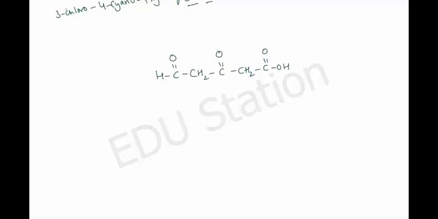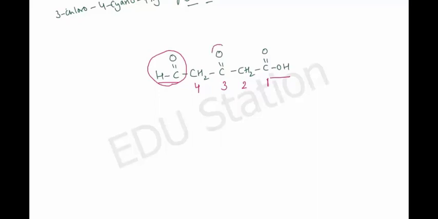Now if you name this, on your left side you have an aldehyde, and on the right side you have an acid. Acid and aldehyde, acid is preferred. Aldehyde is not attached to the 5th carbon, in fact it is attached to the 4th carbon. So your order of numbering will be 1, 2, 3, 4. This carbon will not be included in the longest chain.